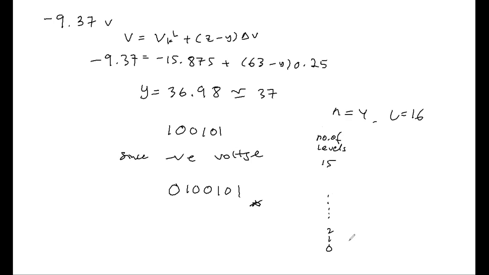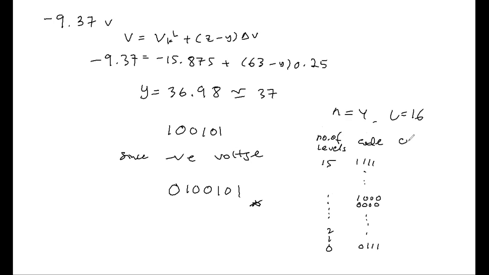And then what is the code? The code for level 0 is 1111, and so on, where in the middle you have 0000 and 1000.